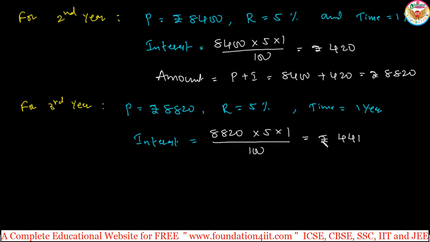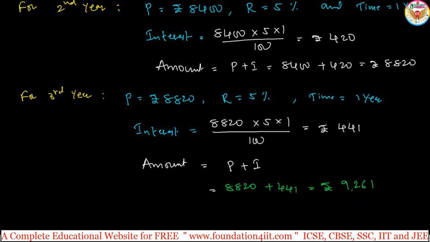Interest is 441. Now the amount. At the end of the third year, the amount is again P plus I, third year principal plus third year interest, that is 8,820 plus 441. You can simplify that: 9,261. So at the end of the third year, the final amount is 9,261.